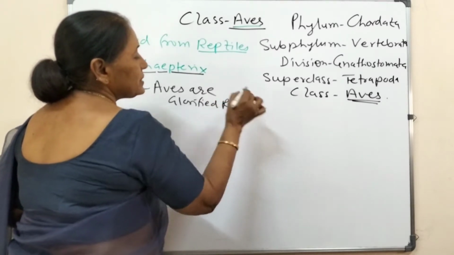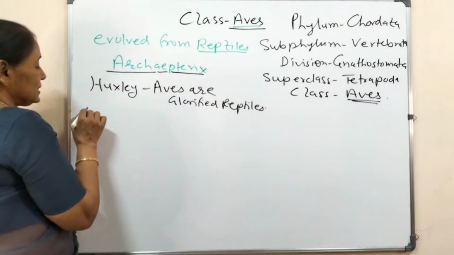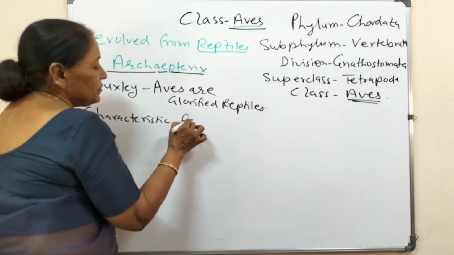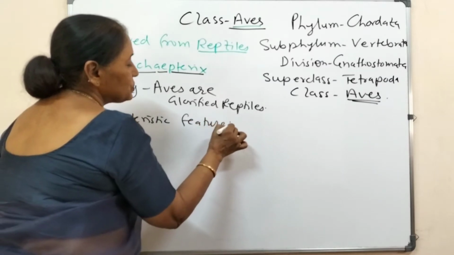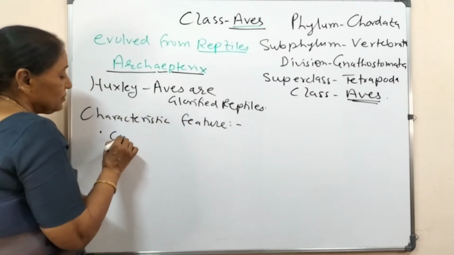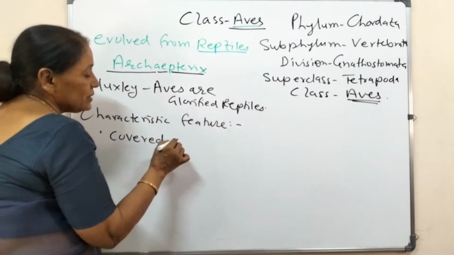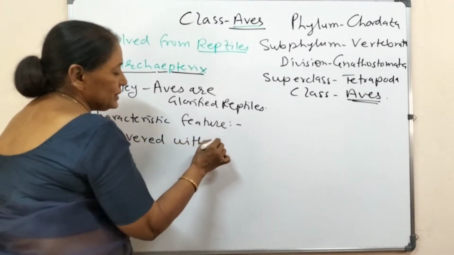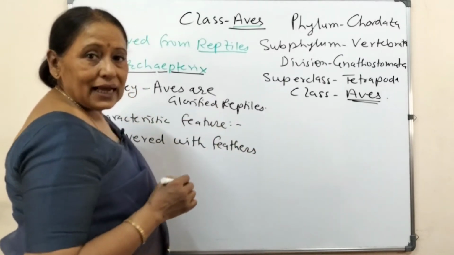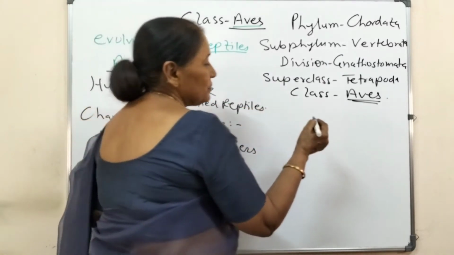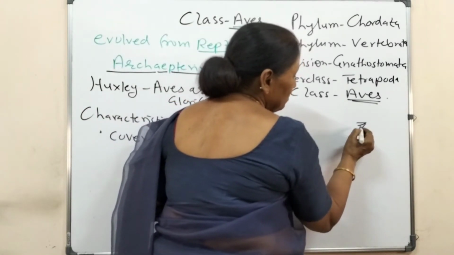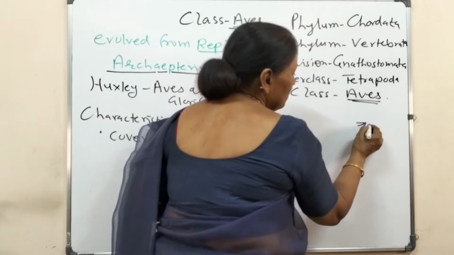Now the characteristic features of these Aves. The characteristic feature which first comes to our mind is that their body is covered with feathers. Let us see the diagram of a bird which is showing its different characteristics. There is one beak.